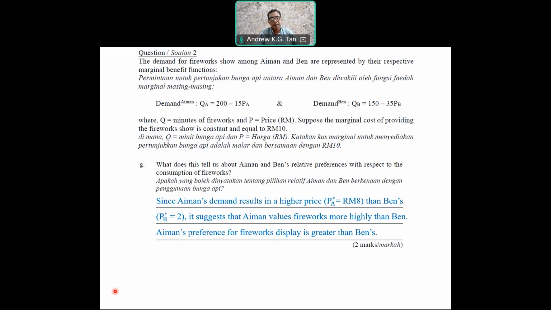Since Ayman's demand results in a higher price, P star equals to RM8, Ben hanya RM2, it suggests that Ayman values fireworks more highly than Ben. Ayman's preference for fireworks display is greater than Ben's. Lebih tinggi daripada Ben. 2 marks.